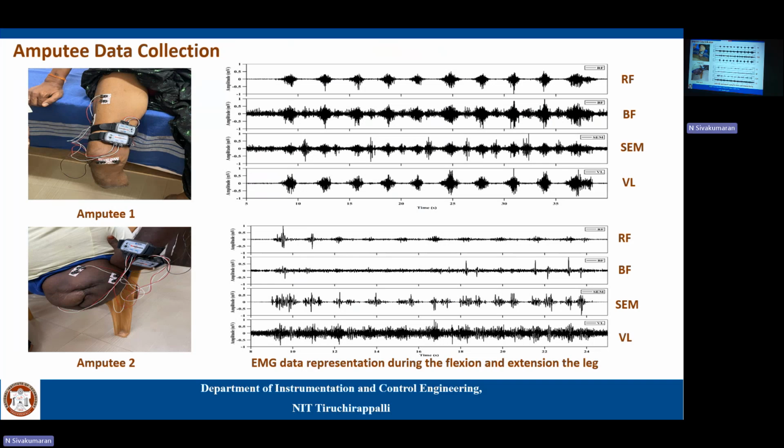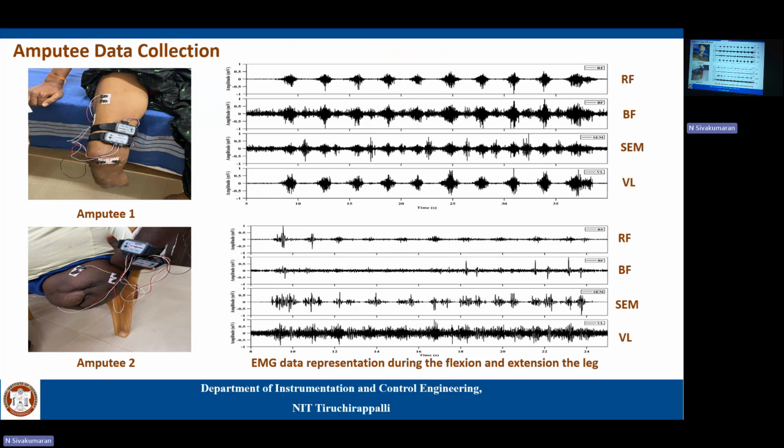Not all the muscles are present. What we thought is, if we could use at least one muscle in front and one muscle in back, that would be good, because I don't want to use too many sensors, number one.